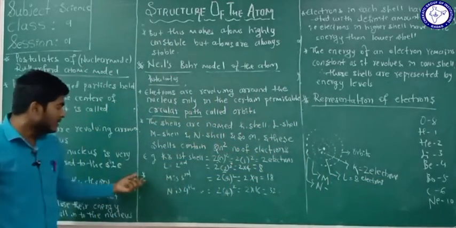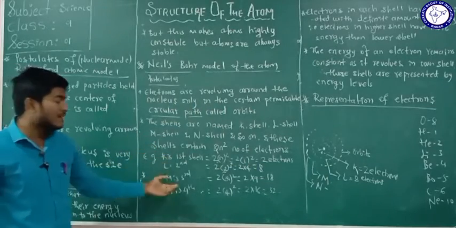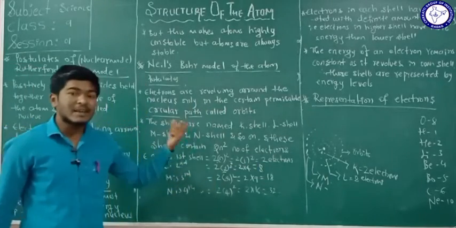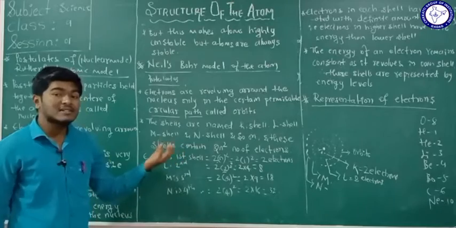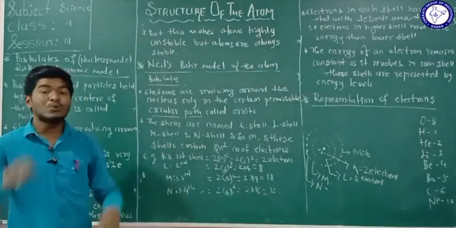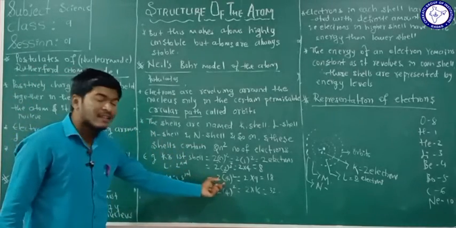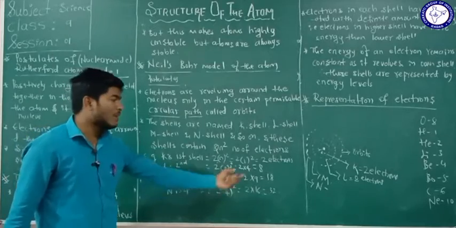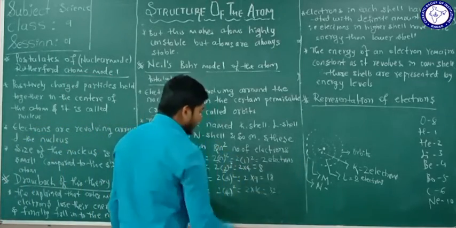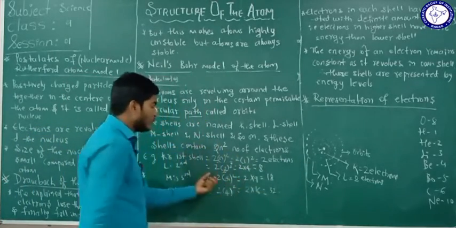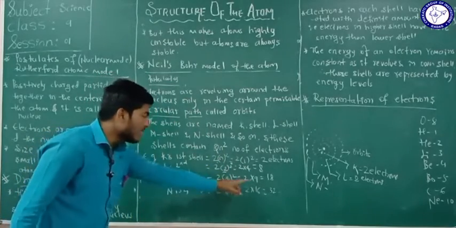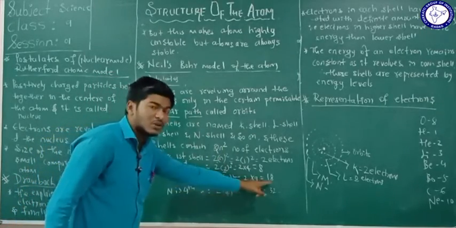The third shell is the M shell. The number of electrons in the M shell is 2n square, and n is equal to 3 because it is the third orbit. 3 square is 9, and 2 into 9 is 18.